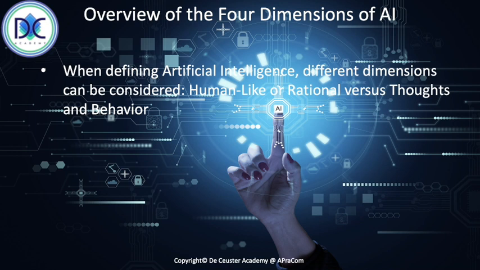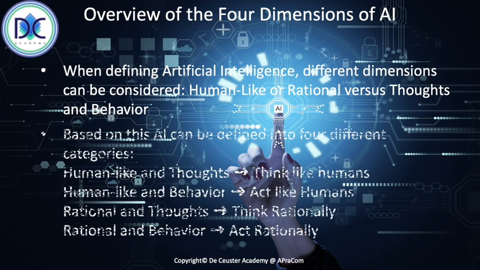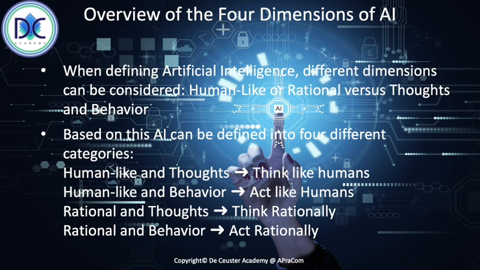We can in fact look at 4 different categories where we can subdivide AI. First of all, we look at a combination of human-like and thoughts. Here we talk about systems that think like humans. We have human-like and behavior. Here we have systems that act like humans. And then we have rational and behavior. Here we have systems that act rationally.